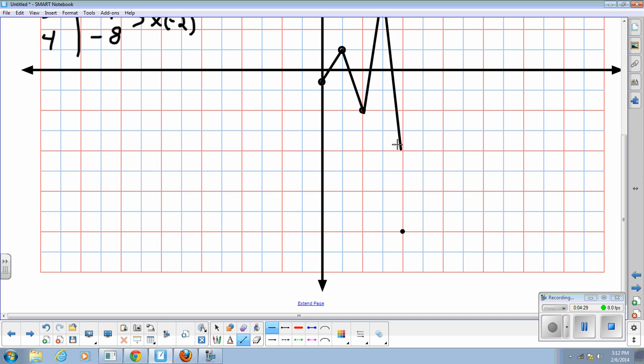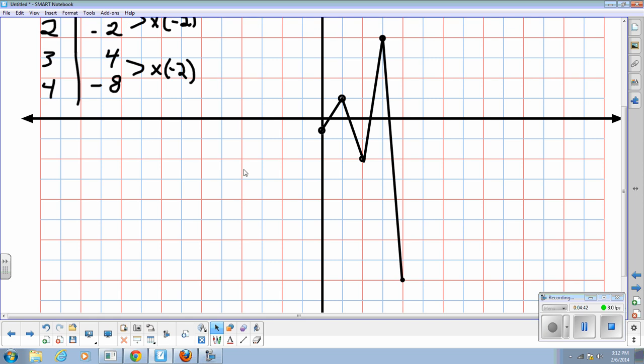Let me grab that first. I have to extend that line. Here we go. And it goes down through here to that dot. So take a look at this graph. Notice what it does. It bounces up, down, up, down. And that's because you're constantly multiplying by a negative. And notice the dots each time get a little bit further apart.